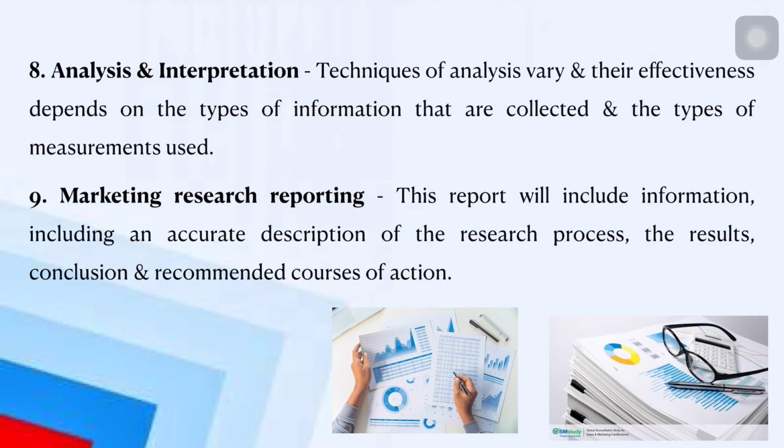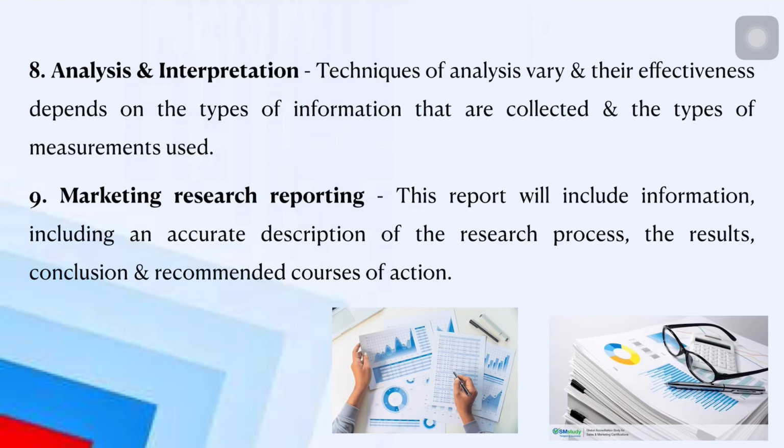So we started with the problem, right? We collected a sample, we collected information, analyzed them, interpreted them, and based on the report or based on the conclusion that we have got, we can also give some recommendations to the management.